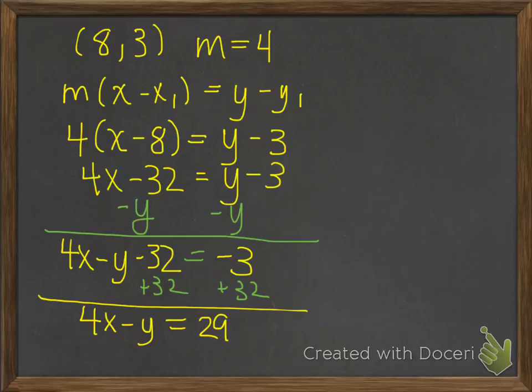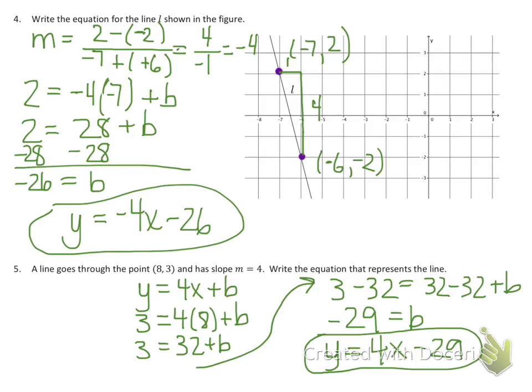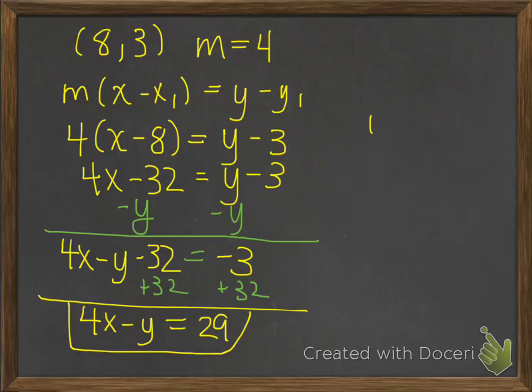All right, so remember that equation. Let's go back and look at the one we had here. We had y equals 4x minus 29. So let's see if those are equivalent. Y is equal to 4x minus 29.